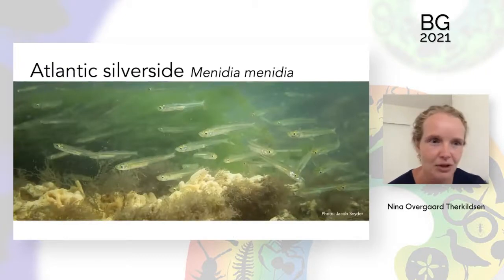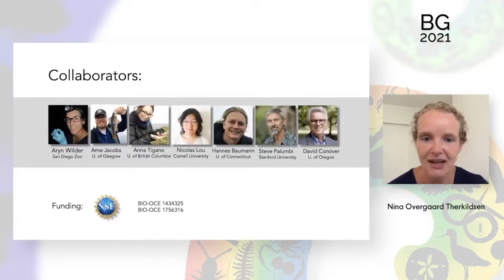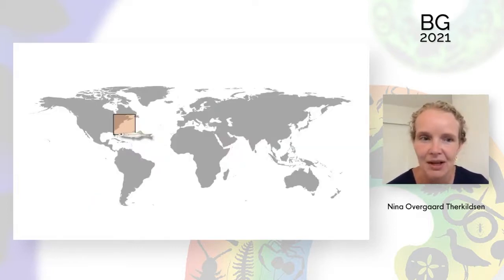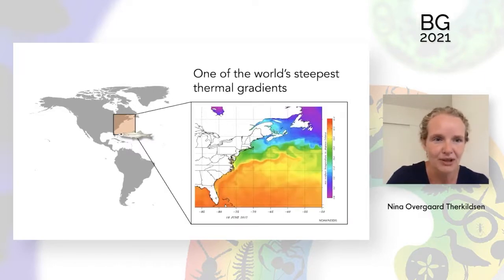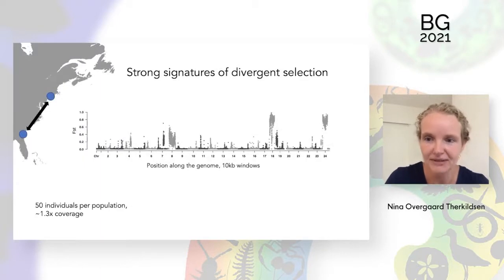Another fish that we've been using the low coverage sequencing approach to study is the Atlantic silverside. And this is work I've done in collaboration with a number of postdocs and students in my lab, and with Hannes Baumann, Steve Palombi, and David Conover. So silversides are distributed across one of the world's steepest thermal gradients on the east coast of North America. And it shows a remarkable degree of adaptation to local conditions.